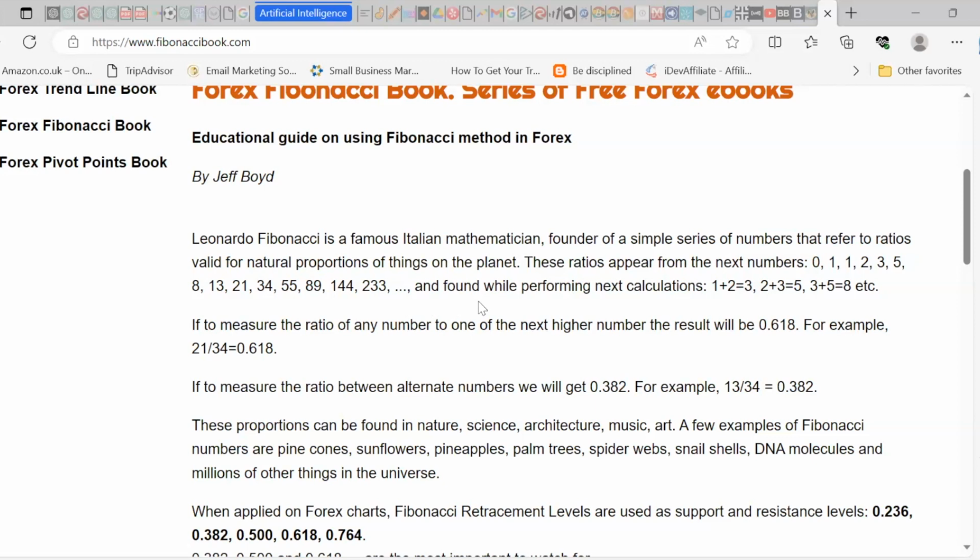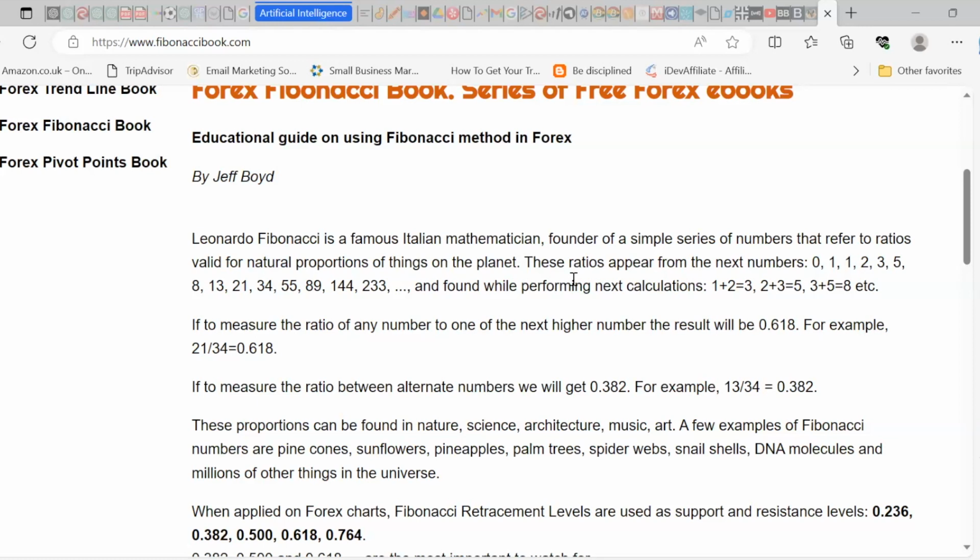He found, while performing calculations, that when you look at the first number and add it to the second number, you get the next one. After 0, you have 1. So by the time you add 0 and 1 together, you get 1.